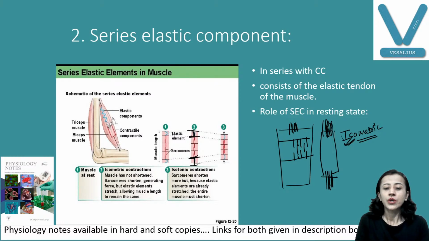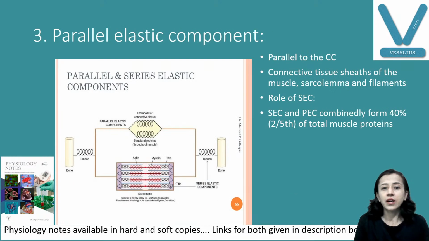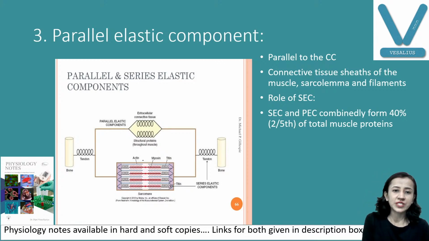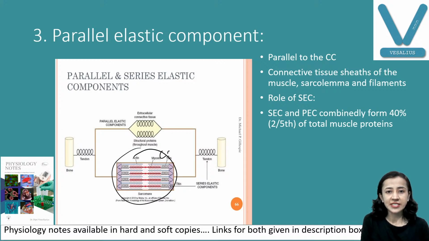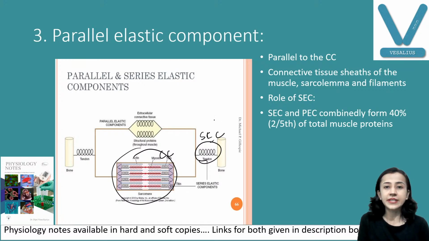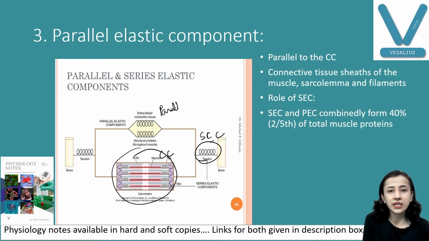Now next is the third one, parallel elastic component. The name itself suggests it. You can see here, these are actin and myosin, your contractile components. These are tendon in the series, so these are series elastic components. And the third one is the parallel elastic component.